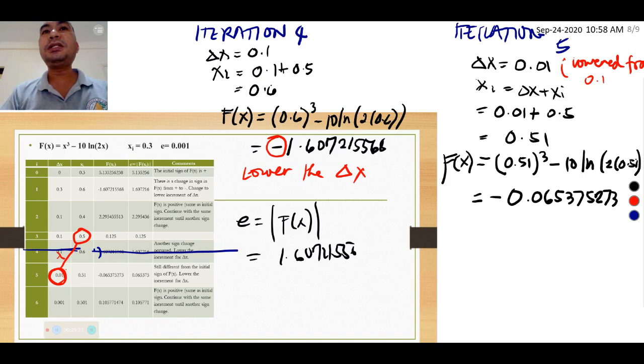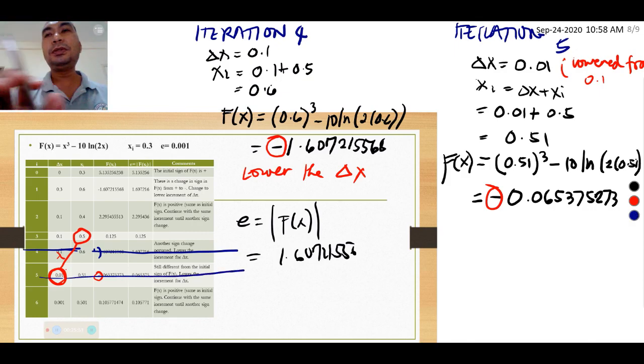So again, you will notice that it is negative. Since we are to maintain only positive, because the initial value in iteration 1 is positive and the answer here is negative, we need to cross that out, or neglect again iteration 5.